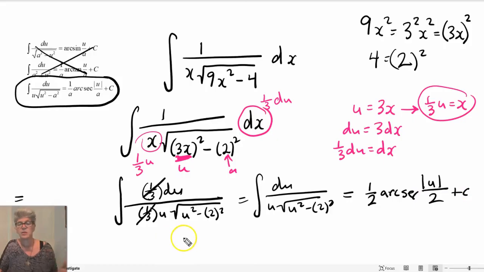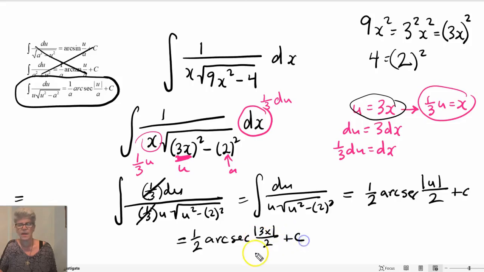Now I need to write this in terms of x. And so u is 3x. And I can drop the absolute values if I stipulate, and you might have it stipulated at the beginning of the problem.